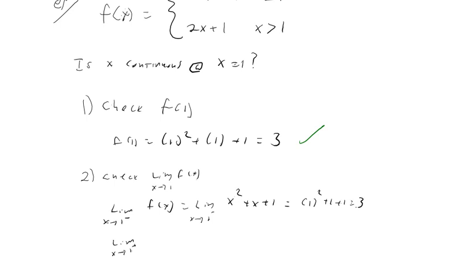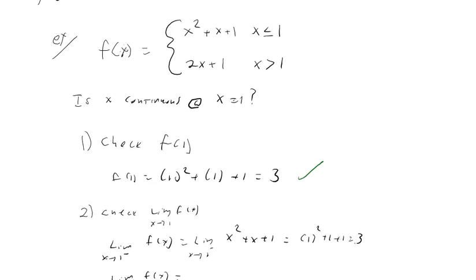I now need to find the limit from the right. So I can say this is my left, x approaching 1 from the left, and I can say this is the right, x approaching 1 from the right, because of the greater than and because of the less than.